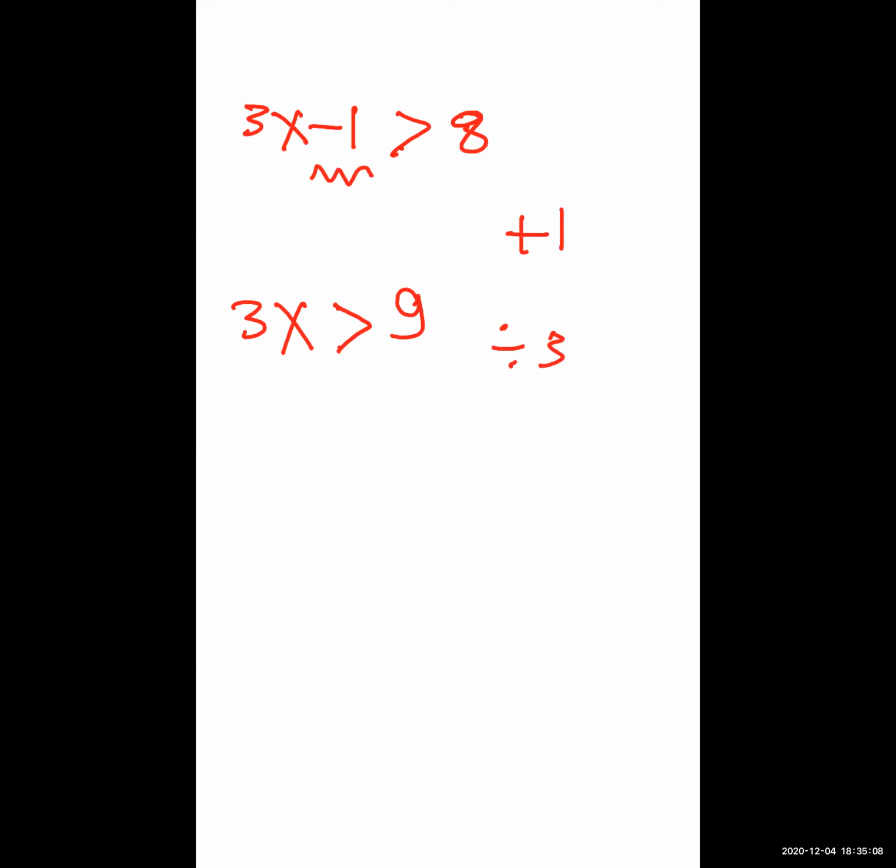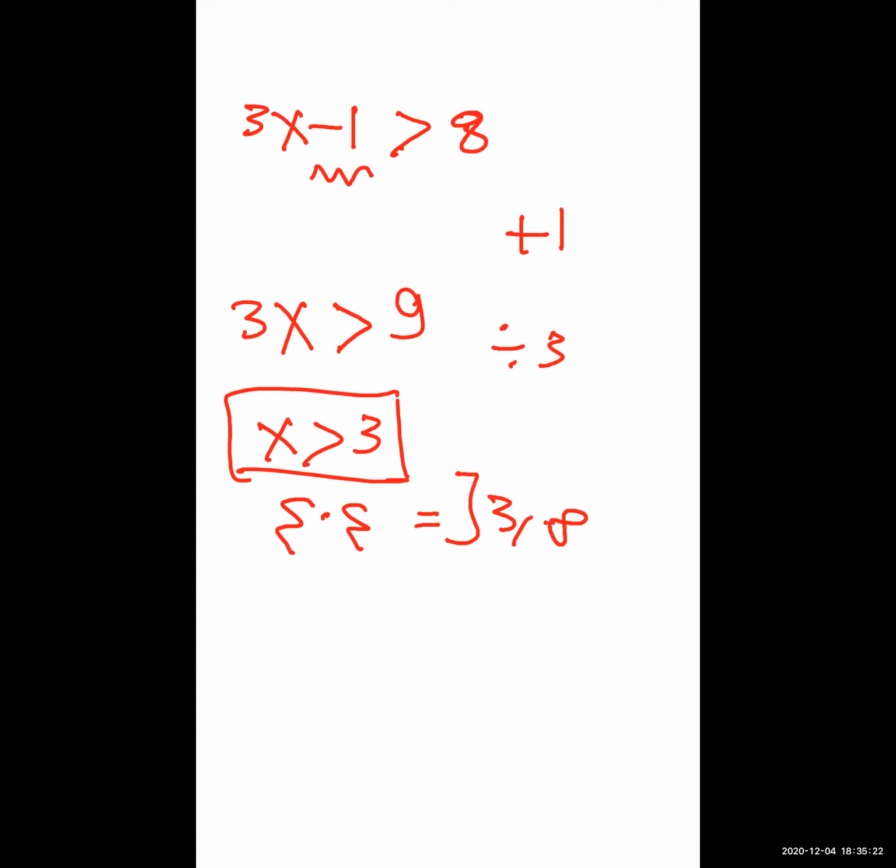Divide by 3, so x greater than 3. Clear? Now the solution set equals 3 and positive infinity, open from both sides. Then represent it: 3 unshaded, and then shade the positive direction. That's it.